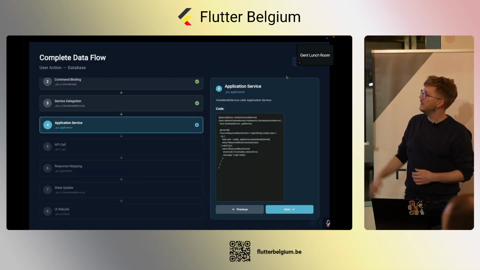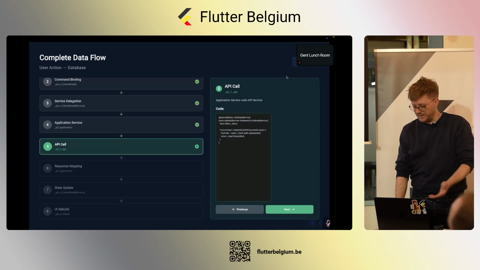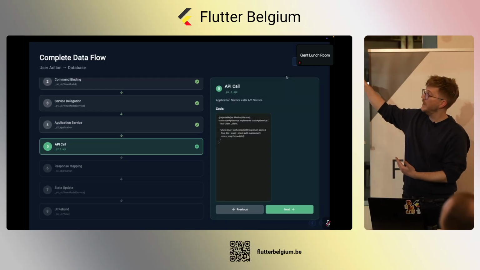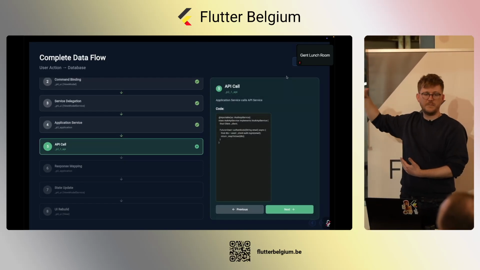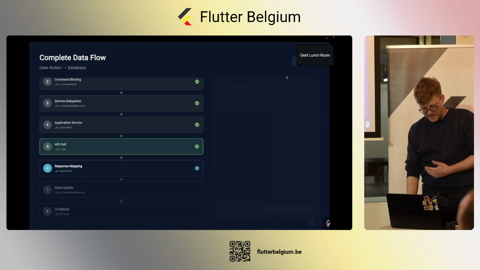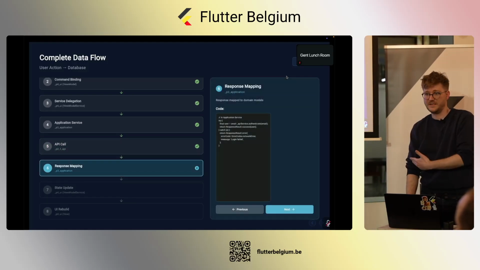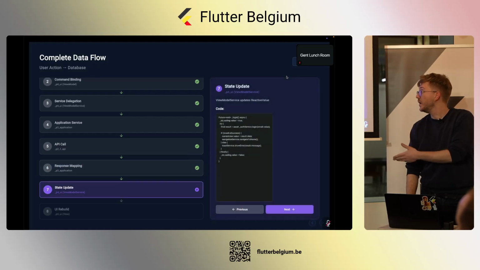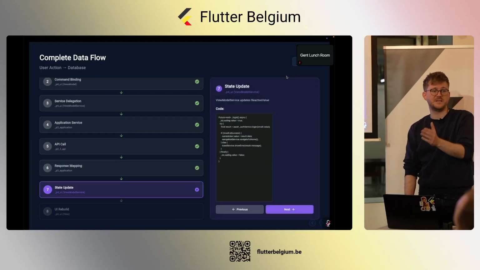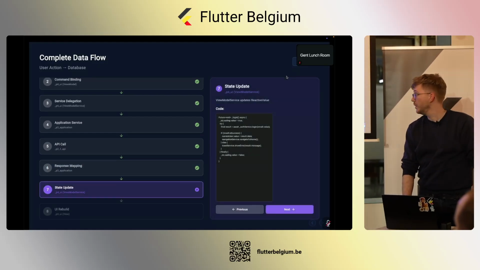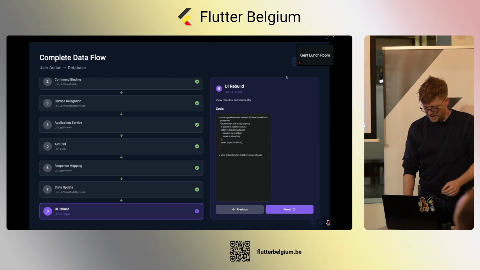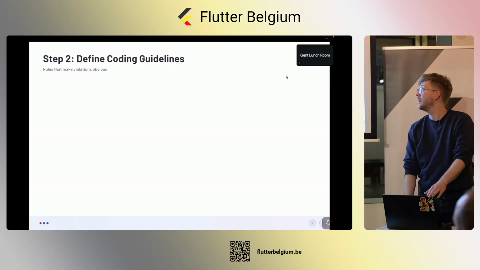I'll do the API call. Goes to the API layer. The API layer gets a DTO back once it does an API call, maps it to a domain layer. The response comes back through the application layer. This is then communicated to the view model service, which updates the state, and this updates our view in the end. Nothing more than that.